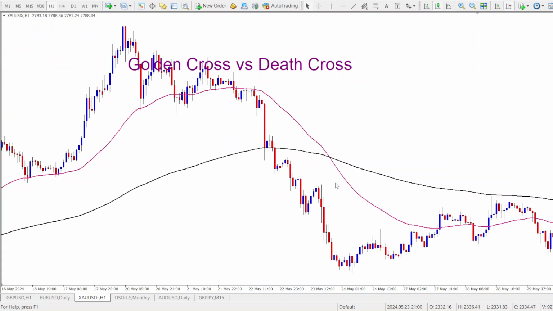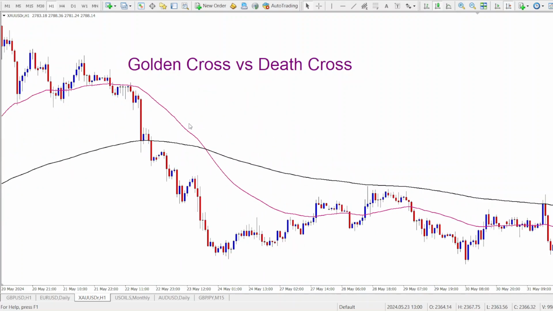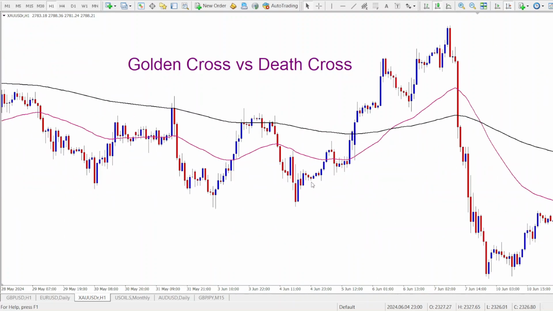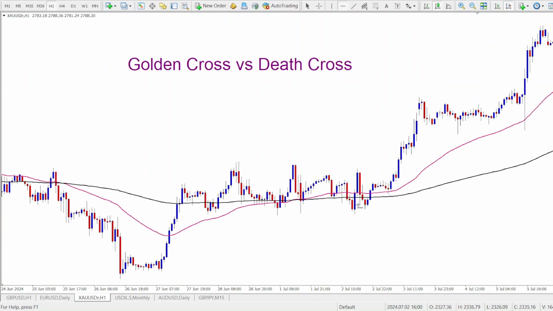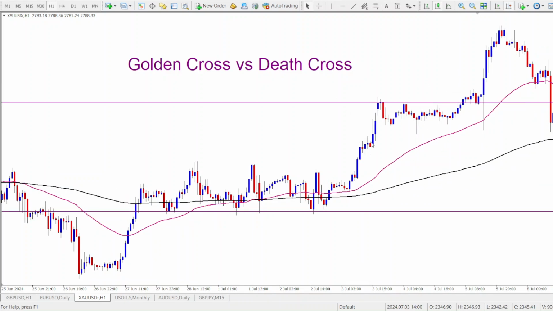For example, while we know the death cross to be a bearish crossover and the golden cross to be a bullish crossover, it's important that you also make use of horizontal support and resistance levels, because that can help you know potential reversal points and also confirm the signals given to you by the moving averages. And then trend lines can also confirm the trend as well.